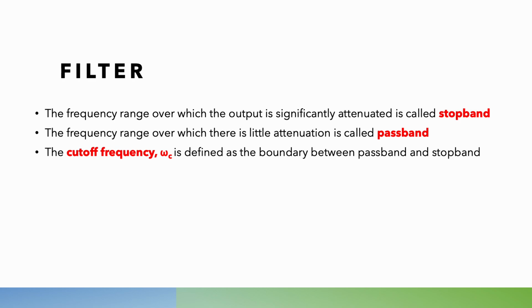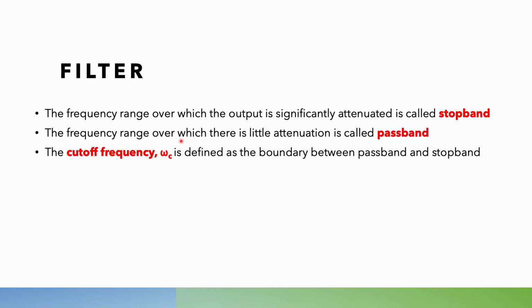Okay, so let's recap what we have learned before in chapter 3. We have learned about the frequency range over which the output is significantly attenuated. That range is called the stop band. Frequencies inside the stop band will be filtered out or eliminated and will not pass through the filter.